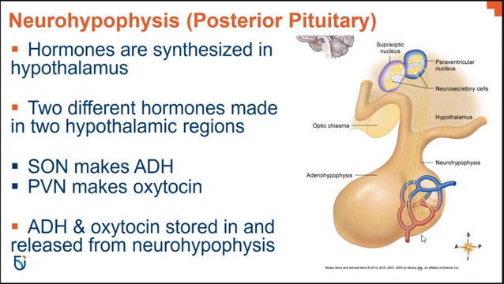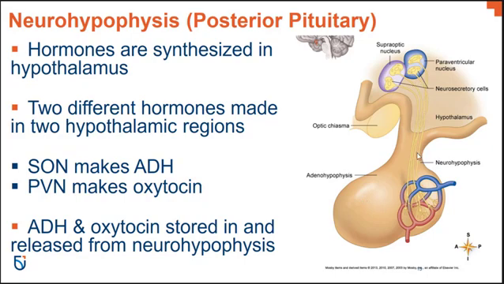Now let's have a look at the neurosecretory cells within the hypothalamus that are related to the posterior pituitary gland. You can see that they have a direct neuronal connection to the neurohypophysis, as opposed to connecting to the portal system to deliver the releasing hormones to the anterior pituitary gland.